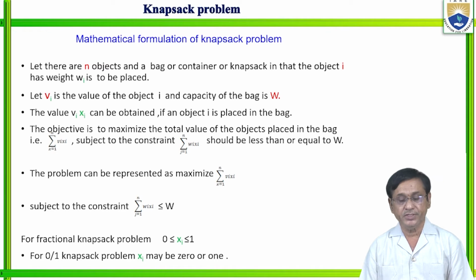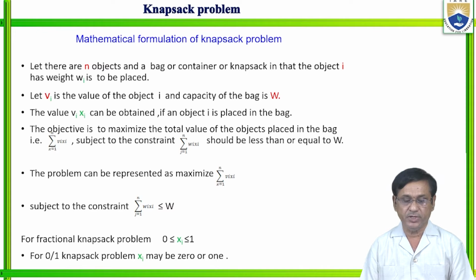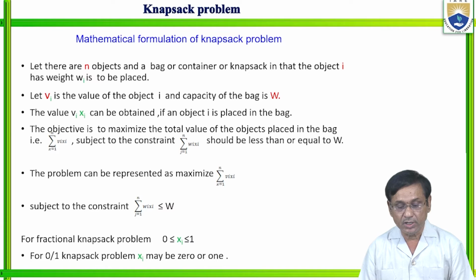The objective is to maximize the total value of the objects placed in the bag, that is sigma Vi into Xi, i equal to 1 to n, subject to the constraint sigma Wi into Xi, i equal to 1 to n, should be less than or equal to W.